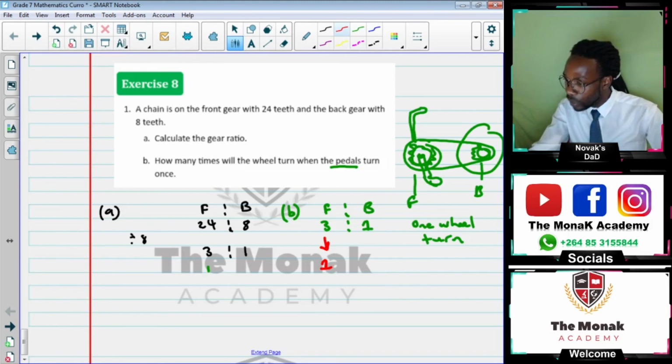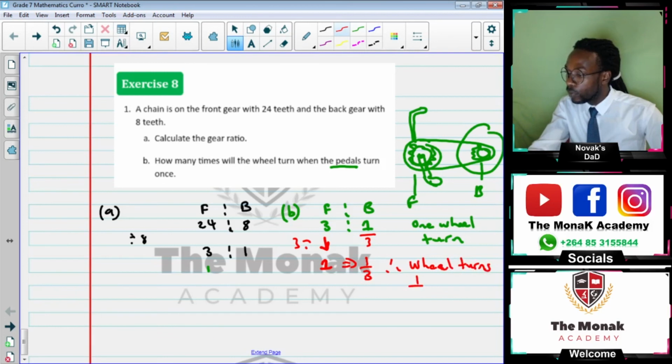So it means the wheel will not turn completely, but how much will it turn? So in order to get 1, what did we do? We divide by 3. So we must also divide by 3. So we know when the pedal turns once, the back gear will only turn 1/3. Which means our wheel will also turn 1/3 times.